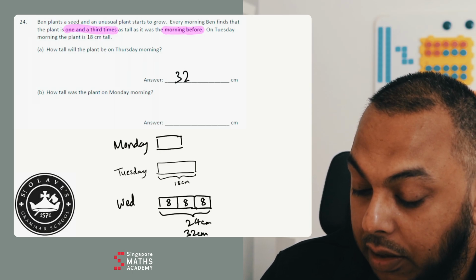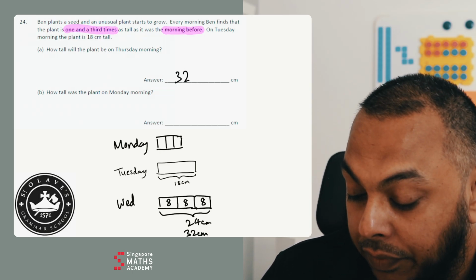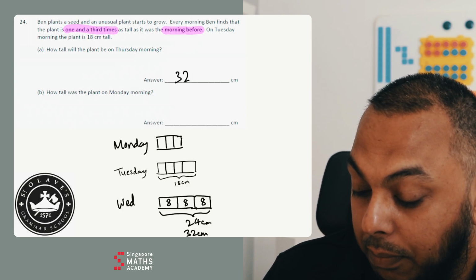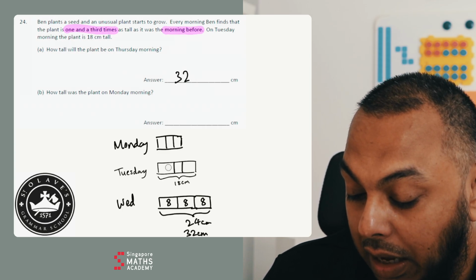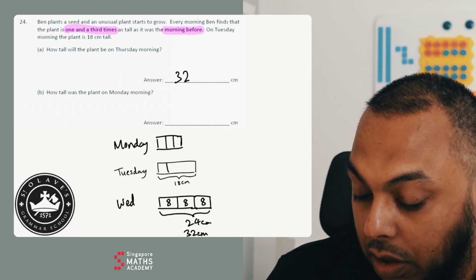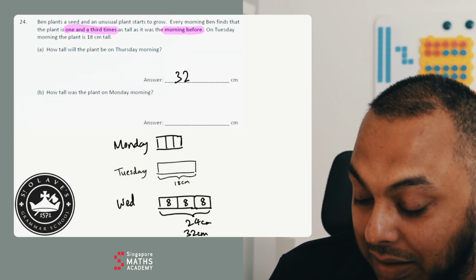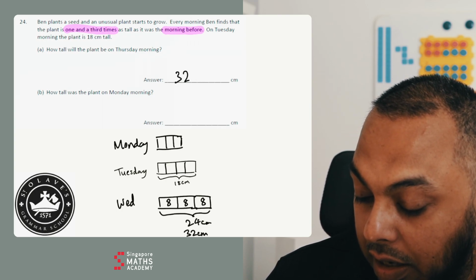So something like this. If I split this into 3 equal parts, then I know my Tuesday is going to be the same 3 equal parts, but then I'm adding that extra 1/3. That doesn't look like a 1/3, so let me make that look a bit cleaner. Actually, let me just do this instead. That'd be better. Okay, that's a bit more sensible.